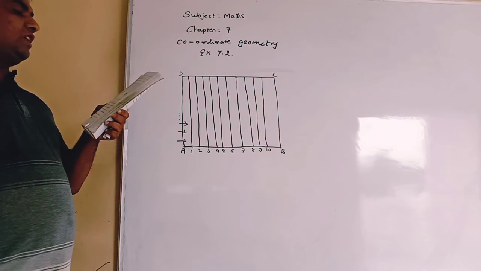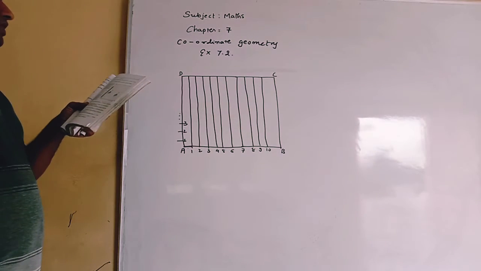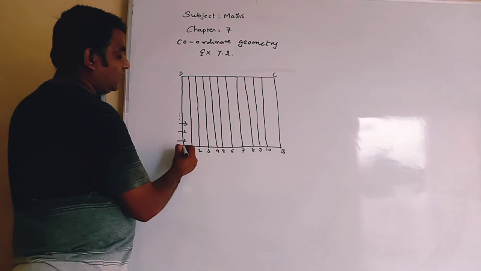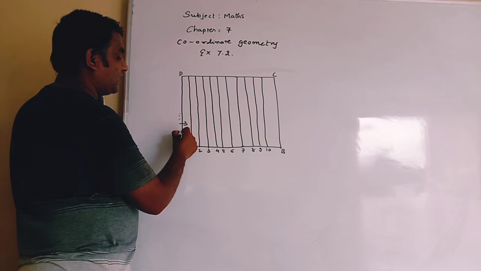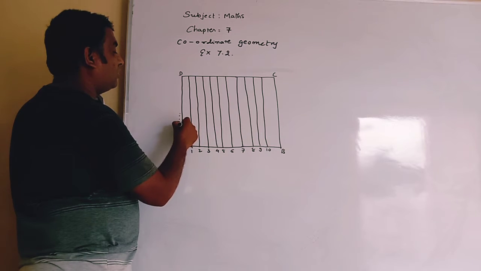100 flower pots have been placed at a distance of 1 meter on the AD. So here first is at 1 meter, then second will be at 2 meter, third will be at 3 meter.